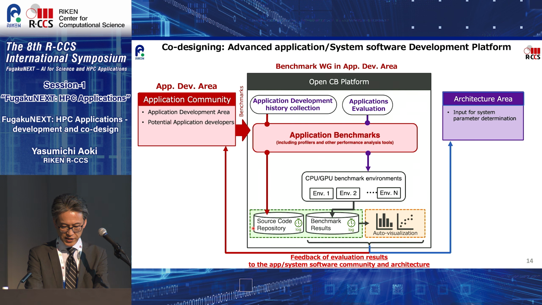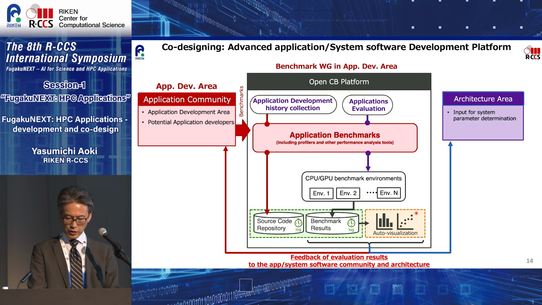Okay, this section is not really prepared and open for now, but we plan to do this kind of systematic system, where the source code repository and the benchmark results are automatically taken, and visualization is made automatically.